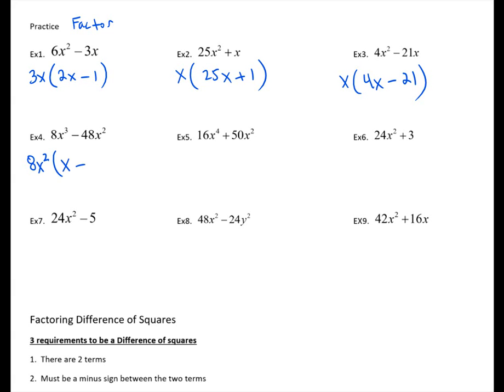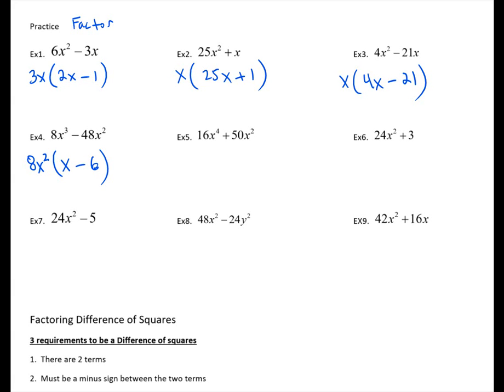Then minus 8x squared times what gives me 48x squared? Well, that would be 6. Okay. And then we can't factor more because we just have x, right? So the key idea you need to remember is when you only have just x inside the parentheses, you cannot factor that more.